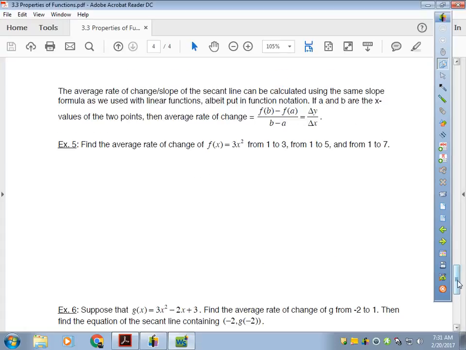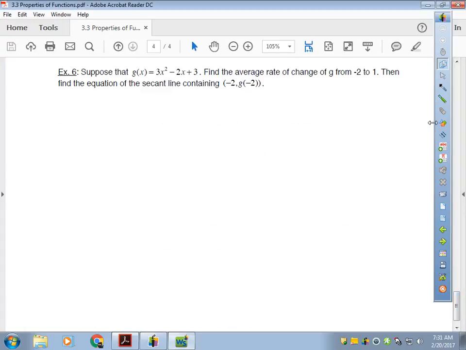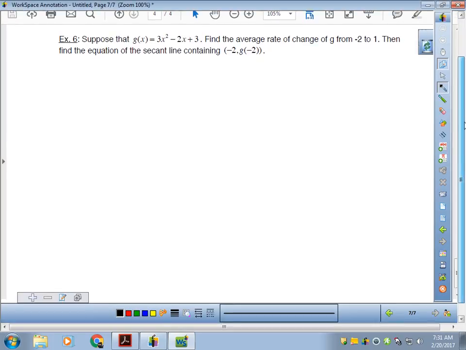Alright, the last example. Our last example says, suppose that g of x equals 3x squared minus 2x plus 3. Find the average rate of change of g from negative 2 to positive 1, and then write the equation of the secant line that contains negative 2 comma g of negative 2. What I'm going to do first is figure out what g of negative 2 is. So g of negative 2 means I'm going to take negative 2 and plug it in here.